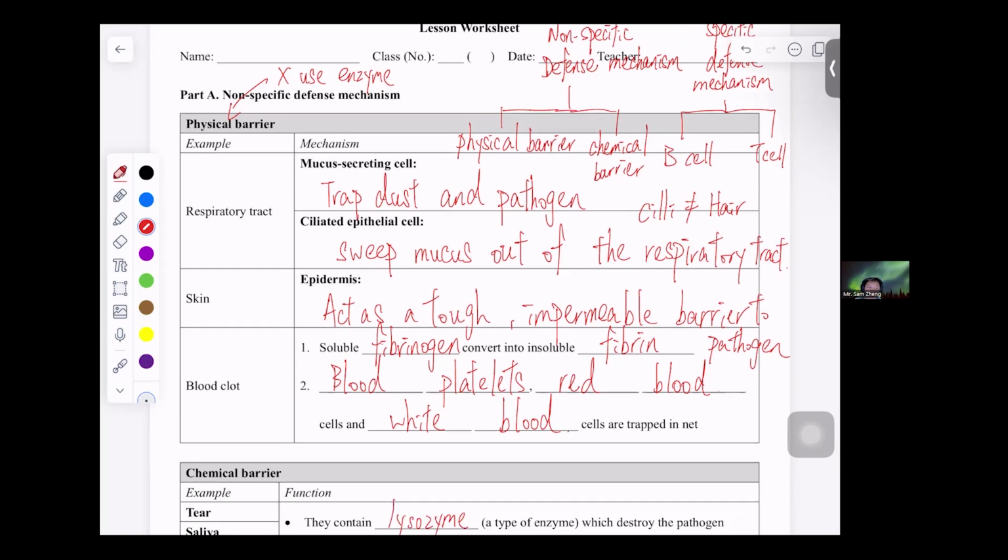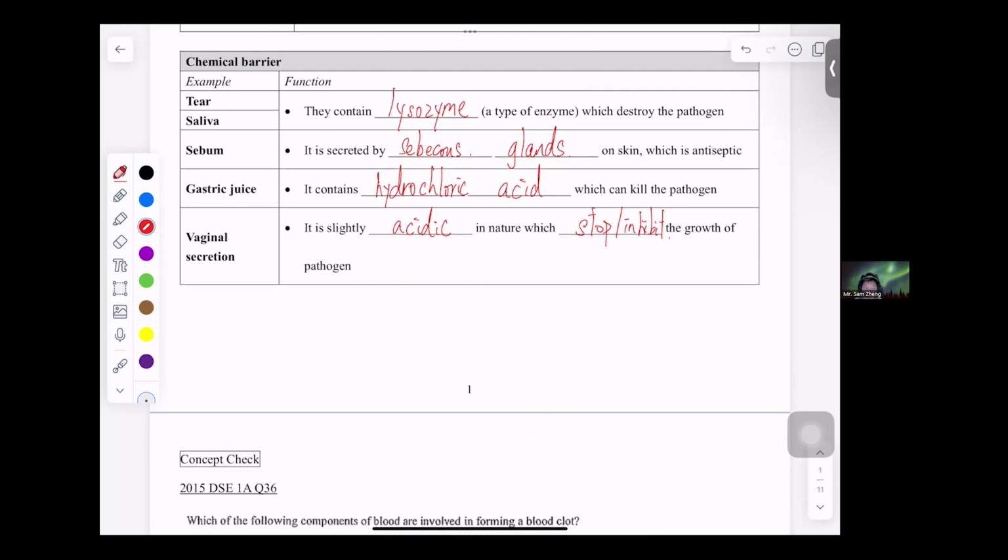Okay. Now we have the second part, which is our chemical barrier. There are some enzymes and also some chemicals that are secreted by ourselves. For example, lysozyme is a type of enzyme contained inside our tears or saliva, and it will destroy the pathogen by damaging the membrane.